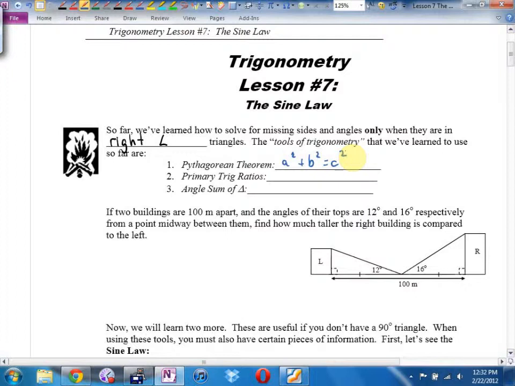Trig, SOHCAHTOA. And then the angle sum of triangles: every triangle adds to 180. If you know two angles, you always know the third. That third one works for any triangle on the planet. The first two only work for right angle triangles.